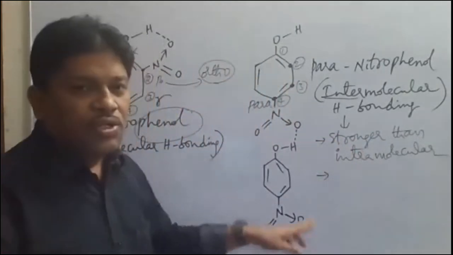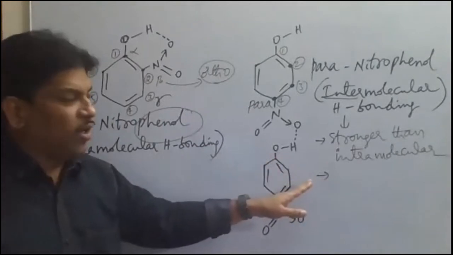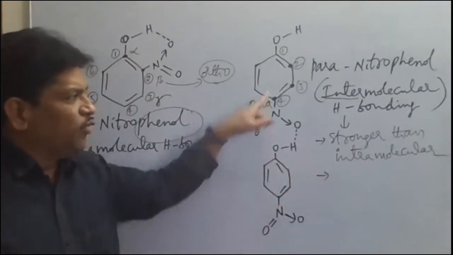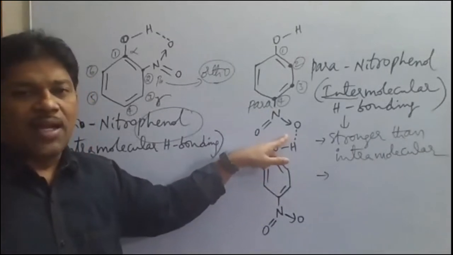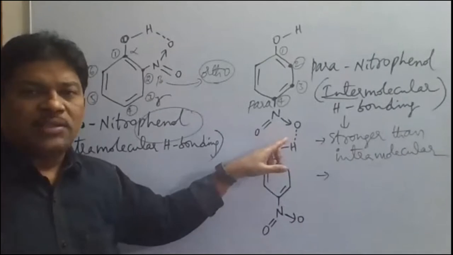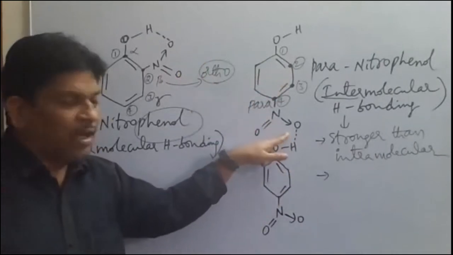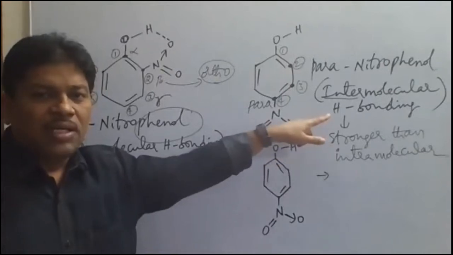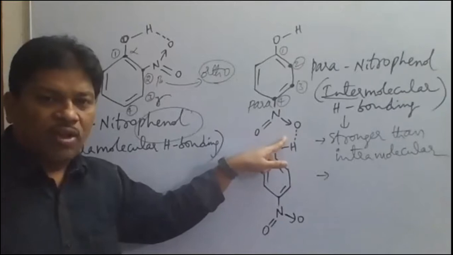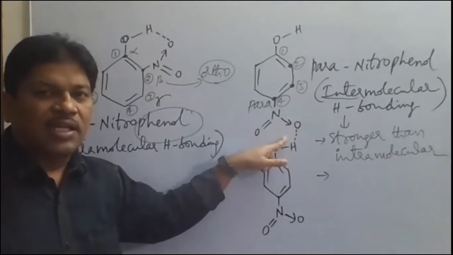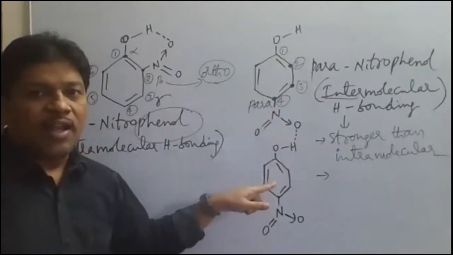That is the first point to understand. Next, due to the stronger hydrogen bonding in this case, there will be strong attraction between these two molecules. If strong attraction is there, will boiling points be greater or lesser? Intermolecular is the stronger hydrogen bonding, so the attractive forces between the molecules are stronger.